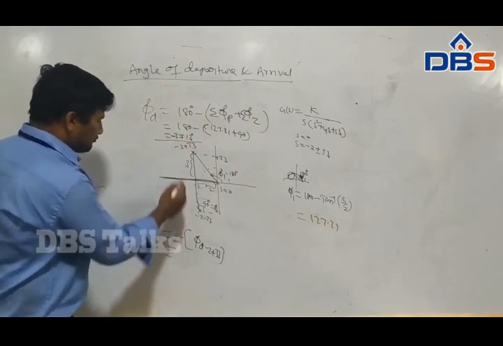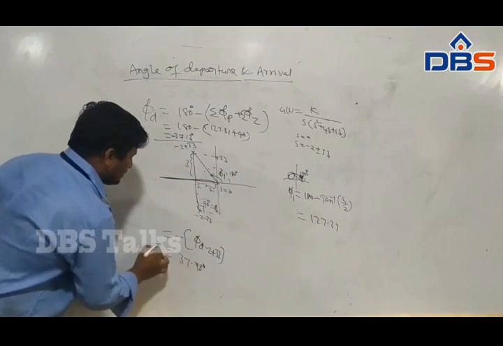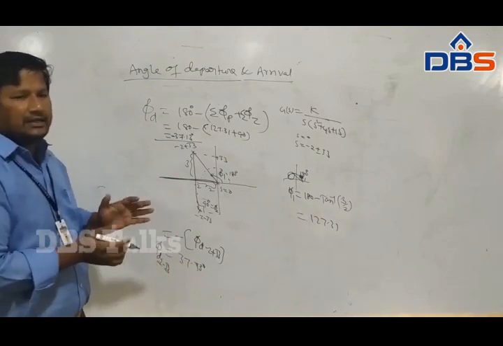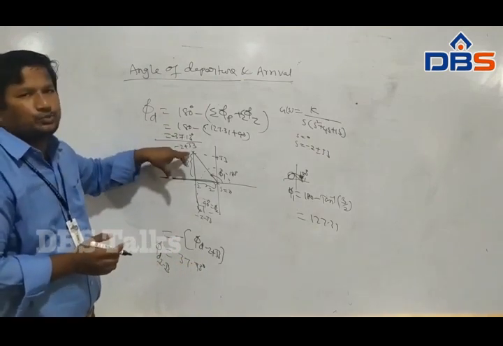The negative of this is a positive value, 37.13 degrees. So this is phi d for minus 2 minus j3, exactly the negative sign of the angle for minus 2 plus j3.